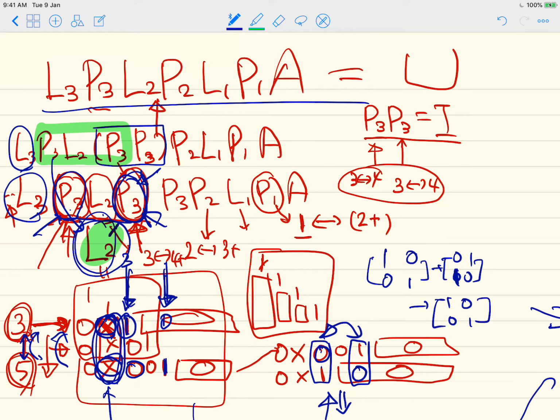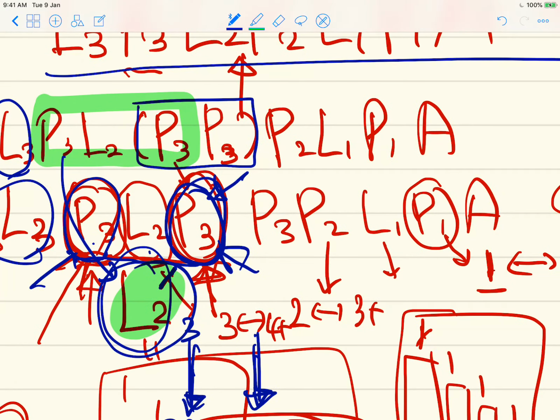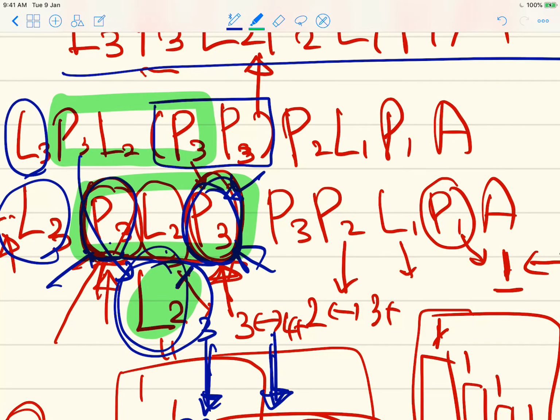And so this part is the new L2 prime, and L3 and L2 prime and P3, P2 and L1 and P1.